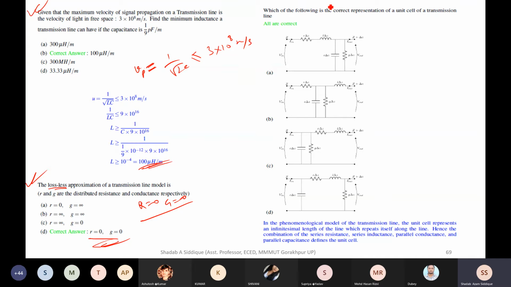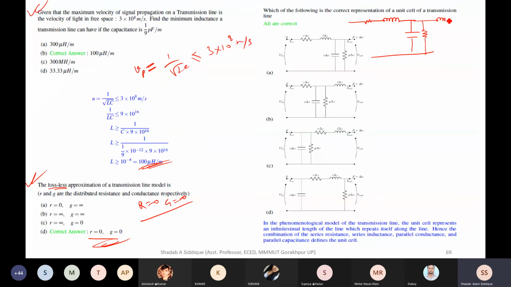Another problem: which of the following is the correct representation of a unit cell of a transmission line? Unit cell I'm talking about. In the transmission line, you have a resistance, an inductance, a capacitance, a conductance. Maybe conductance this side, maybe capacitance this side.